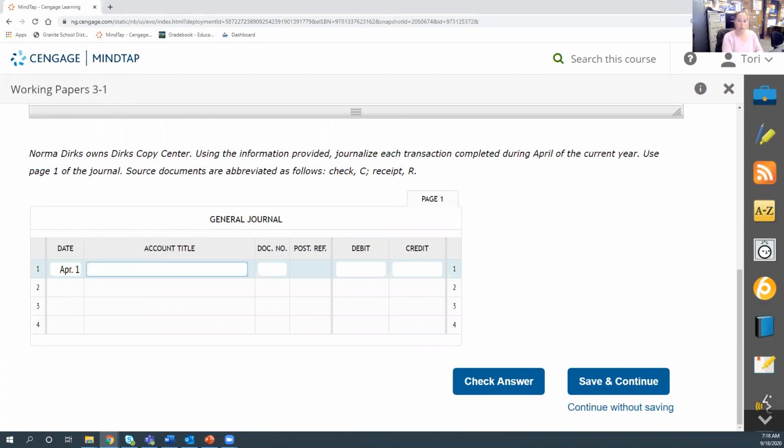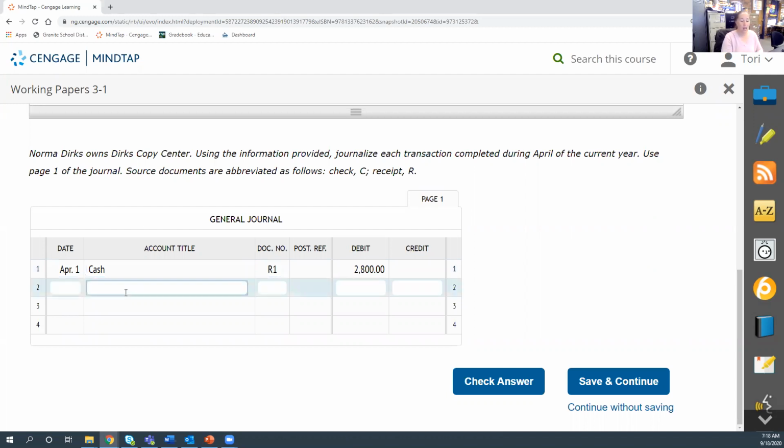So remember, we're doing the business books, not the owner's books. So I have to ask myself, am I buying or receiving as a business? And I'm receiving money, so I'm receiving cash. I found this out through receipt number 1 for $2,800. If my cash is going up, usually my owner's equity is going up, which is my capital.